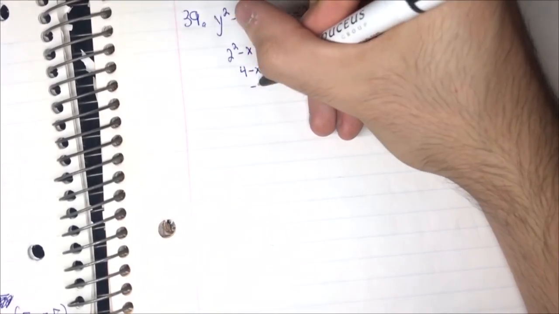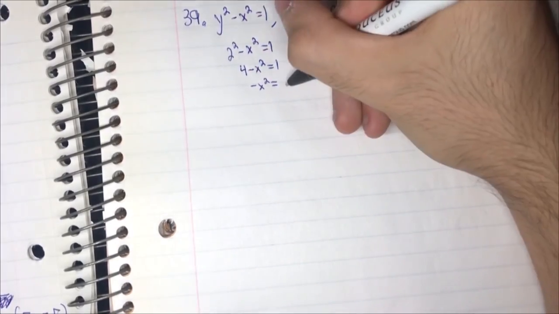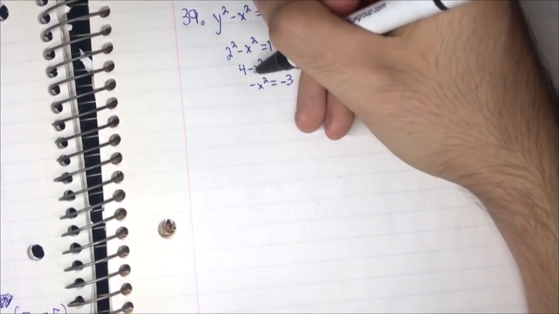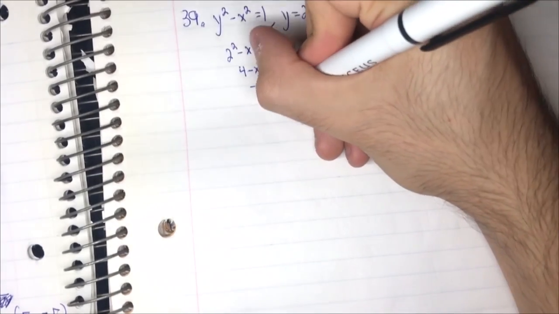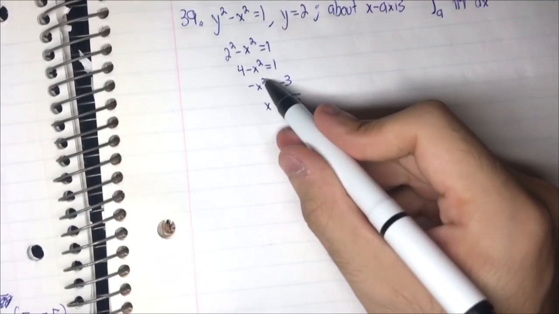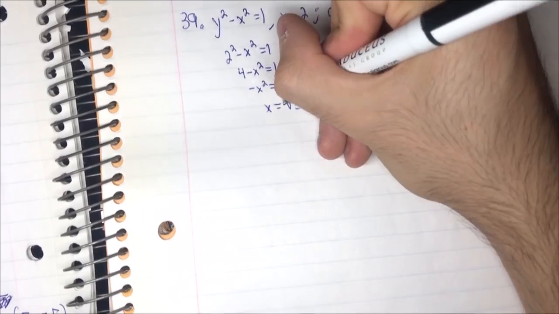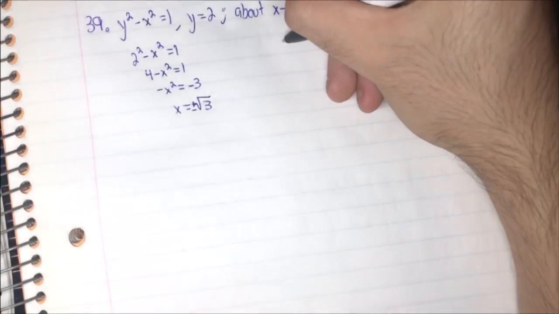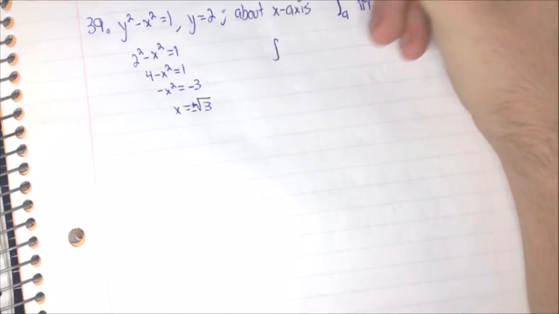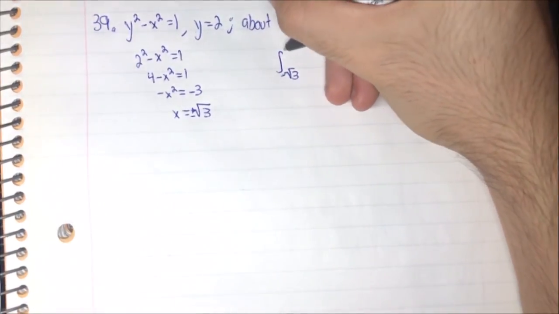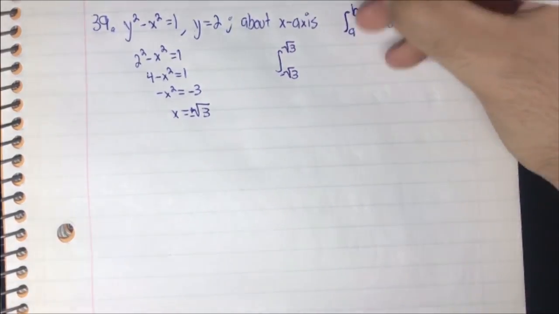So now you can subtract the 4 to the other side, so you're going to get negative 3, and then you divide the negatives on both sides, so that just cancels, so it's just going to be x squared is equal to 3. Got a radical on both sides, alright, so that's how you get it, plus or minus radical 3. So now we have our upper and lower bounds, so now we can plug in some stuff. So the A is going to be negative radical 3, and the B is going to be positive radical 3.